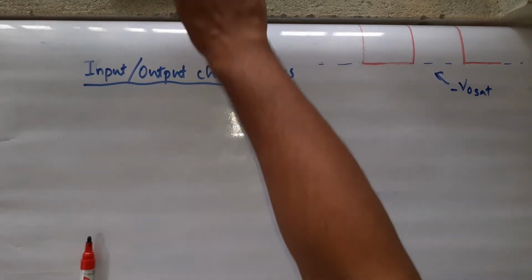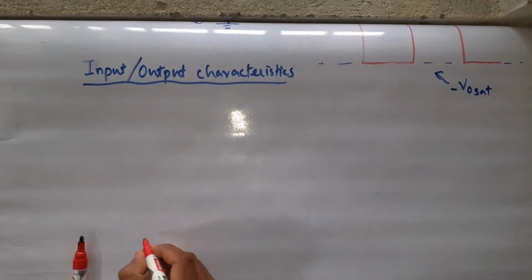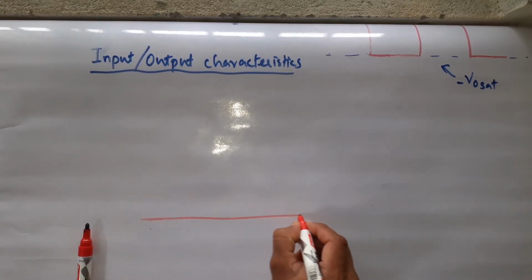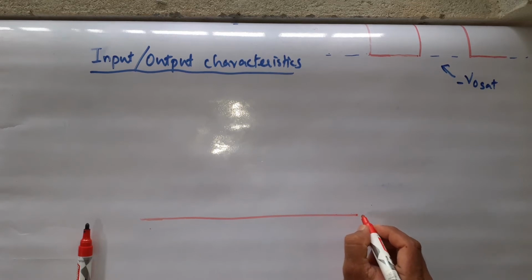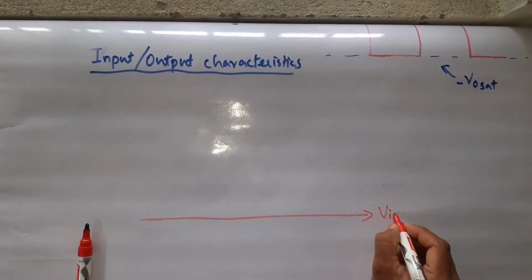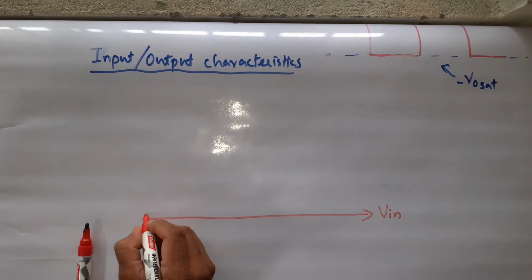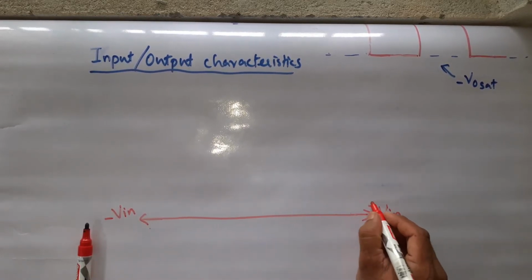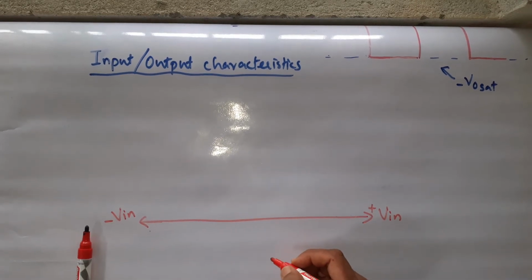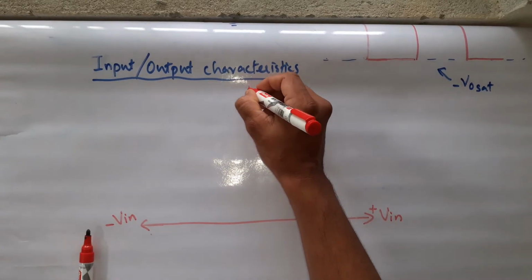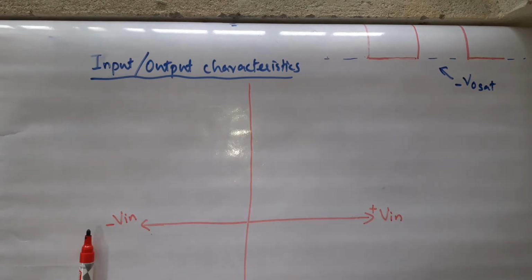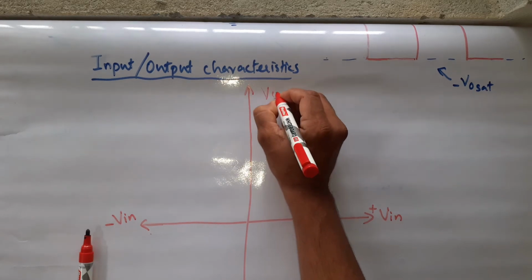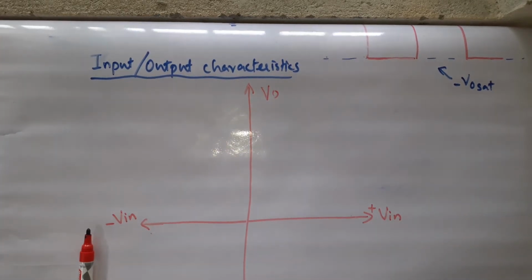So let this be your V in. Okay, this is your minus V in, positive direction, negative direction, input, and let this be your output. V naught, positive V naught, negative V naught here.